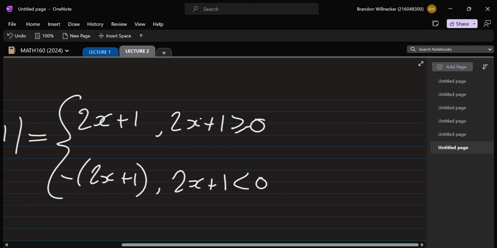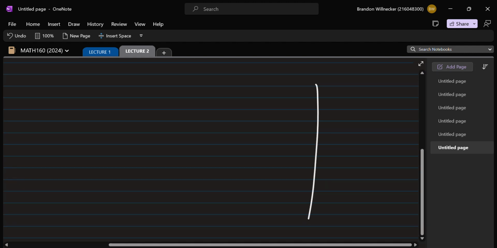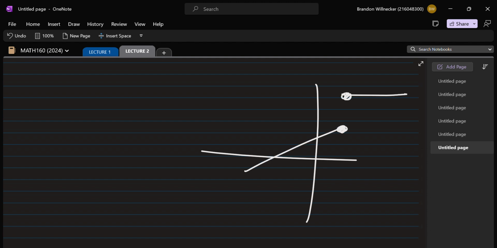Okay, quick example on that. Let's say we had a function like this. Okay, I'm saying that point belongs to both. Now, this isn't a function anymore. Let's say this is 1. So when x is less than or equal to 1, we're on the left branch. When x is greater than or equal to 1, we're on the right branch.